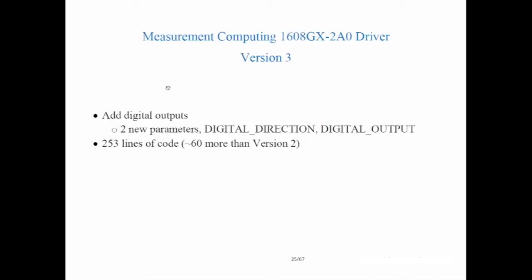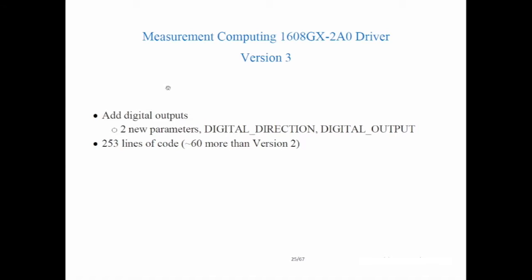So now we're going to go to the next version, the third version of the driver, where we're going to add 2 digital outputs. So there are going to be two new parameters, digital direction and digital output. Because remember, for each of these digital I/O bits, you have to set a flag that says, is this an input or is this an output?